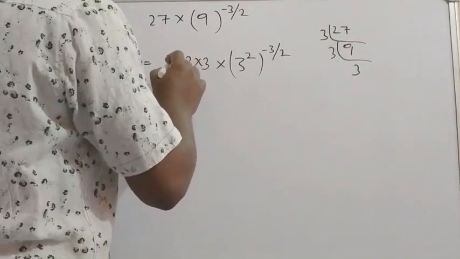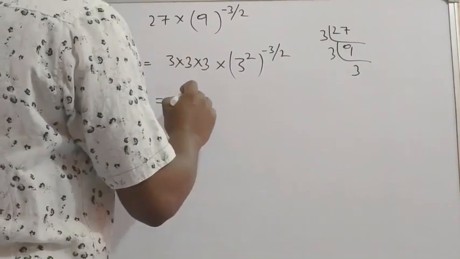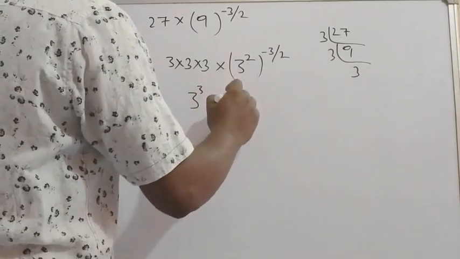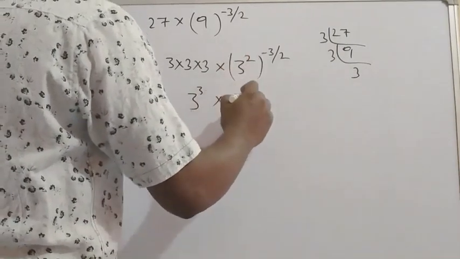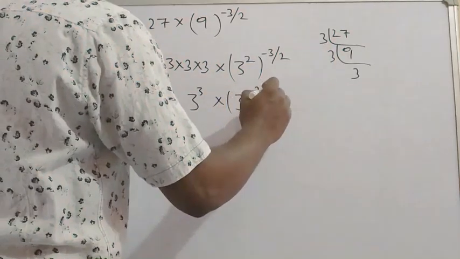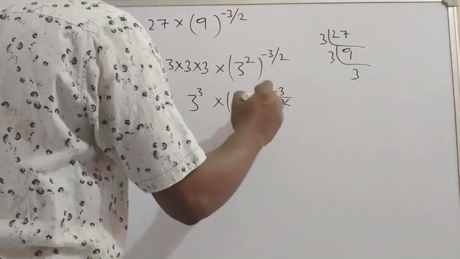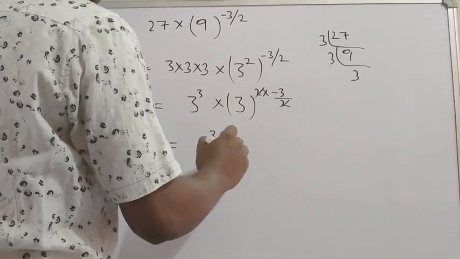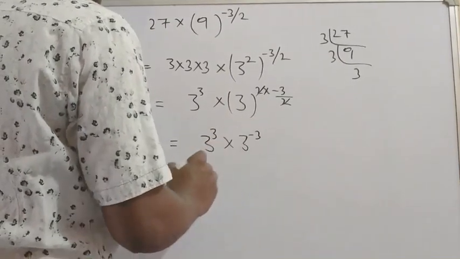So here there are 3 3s. So in the power form we can write 3 to the power 3 into 3 to the power, here, 2 into minus 3 by 2. The 2 cancels. So 3 to the power 3 into 3 to the power minus 3.